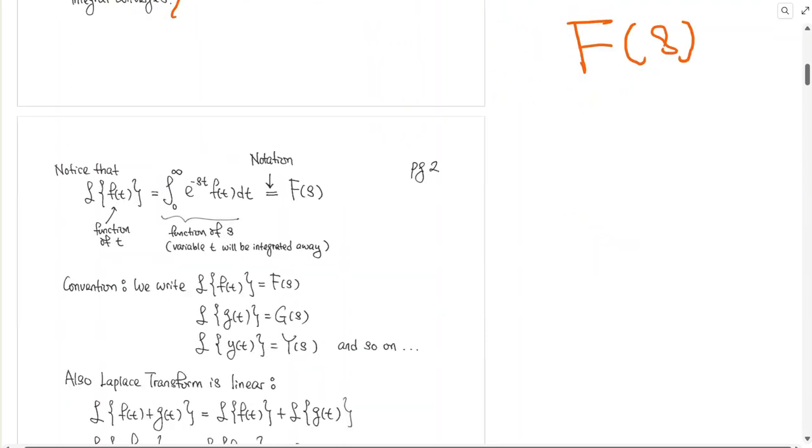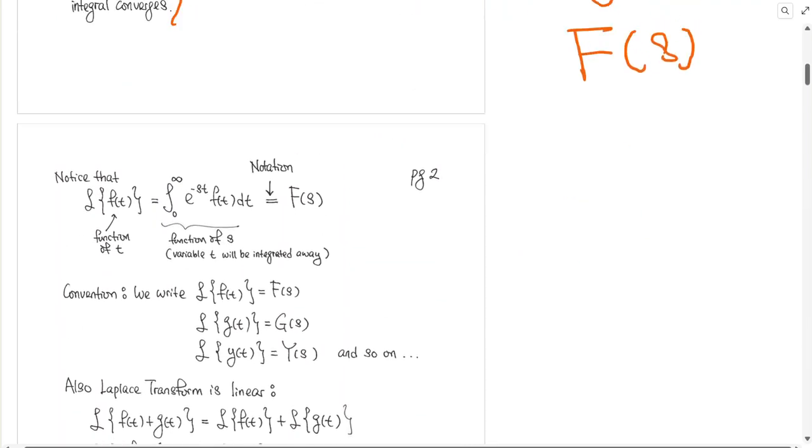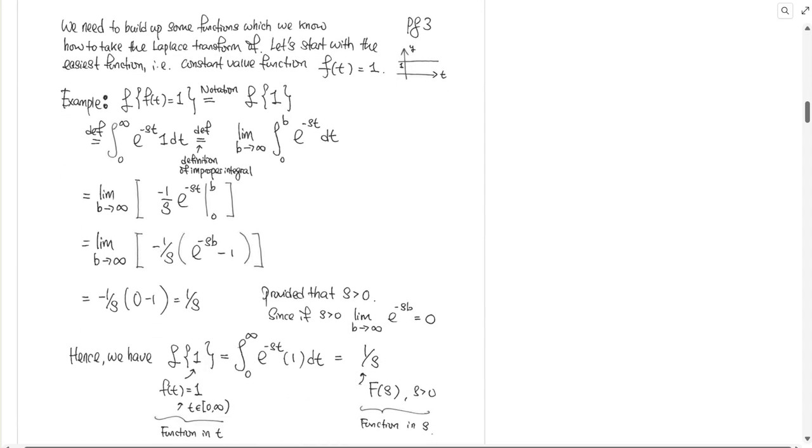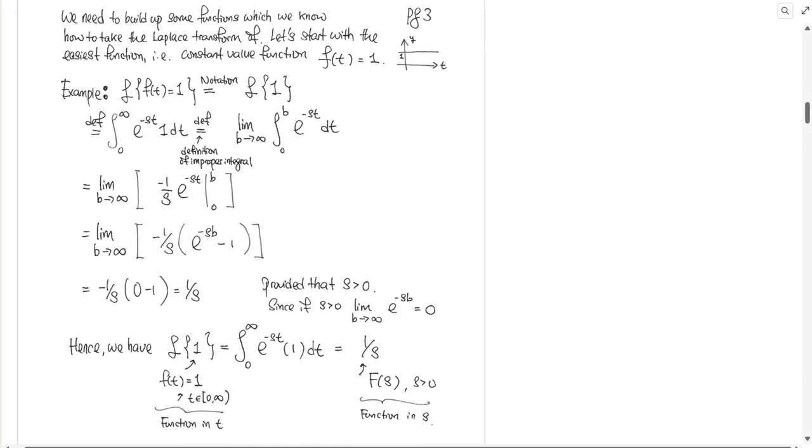Not to go over too much of this, but just to highlight the things that we did on Thursday. We started with the easiest example, which is the constant value function, f(t) equal to 1. Don't look at this notation as if it is a Laplace transform of a number. Laplace transform acts on functions. The input of that transformation is a function, not a number.